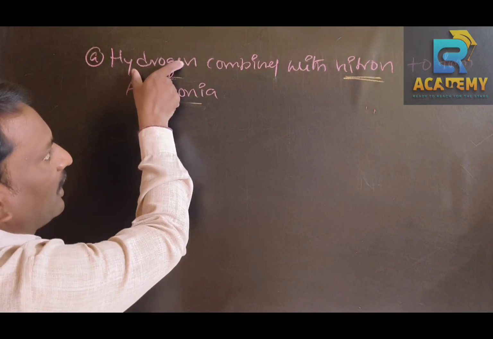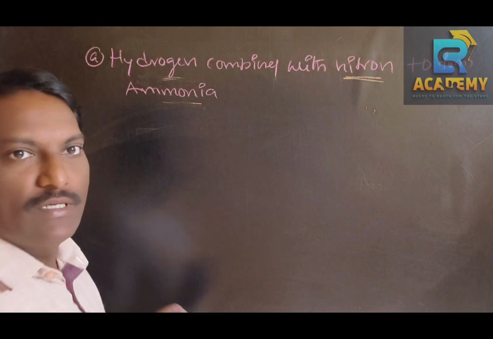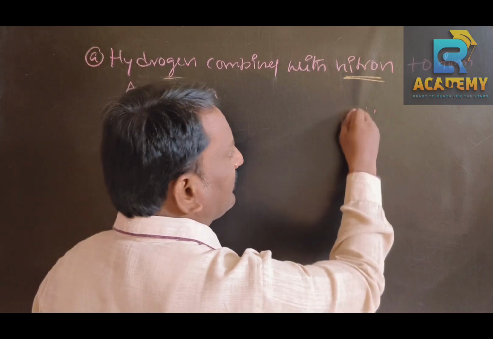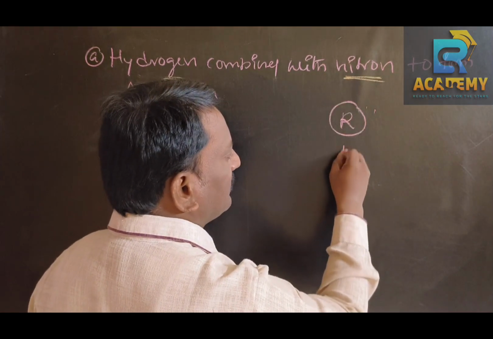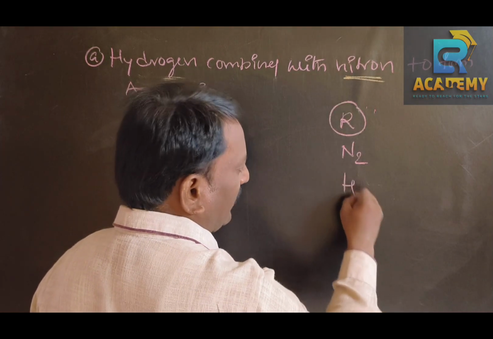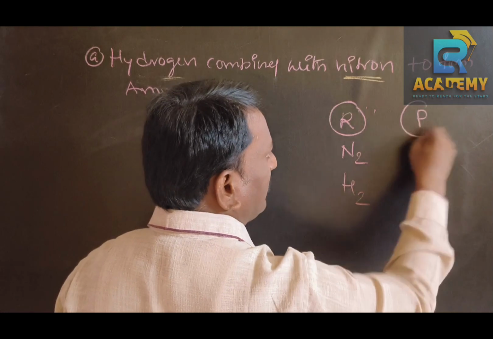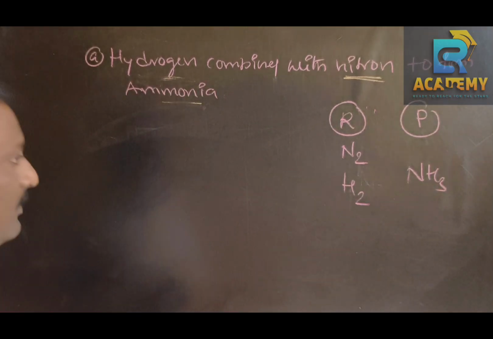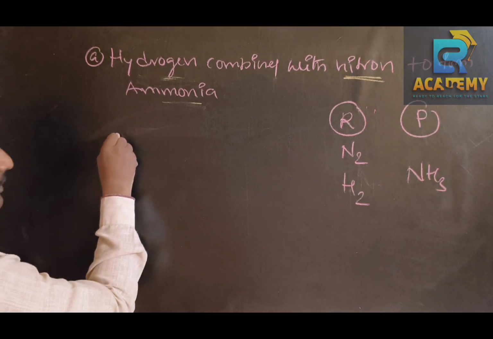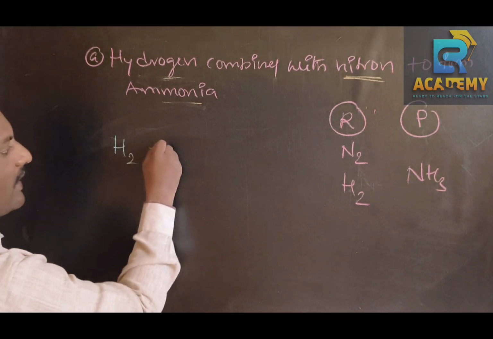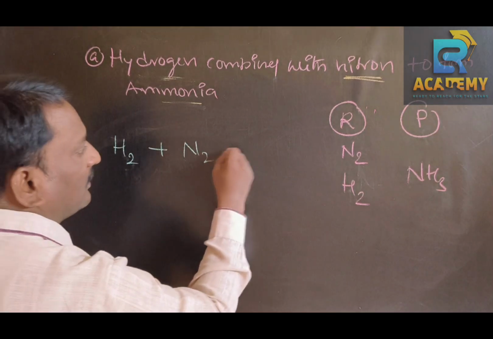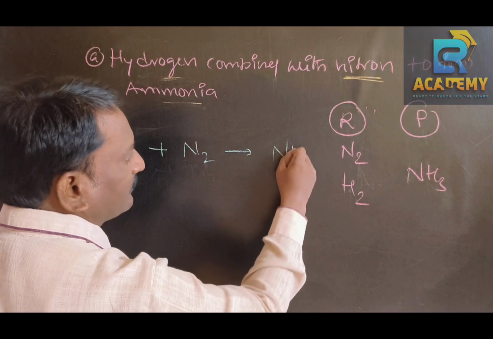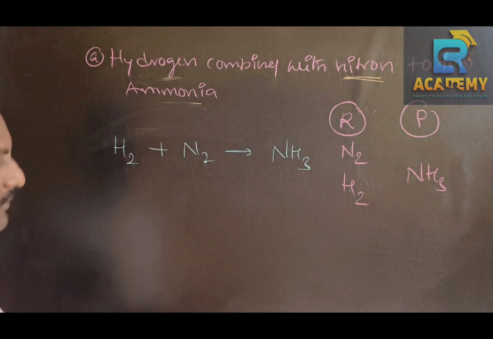Hydrogen and nitrogen are both reactants, and the product is ammonia. Hydrogen reacts with nitrogen to give ammonia.